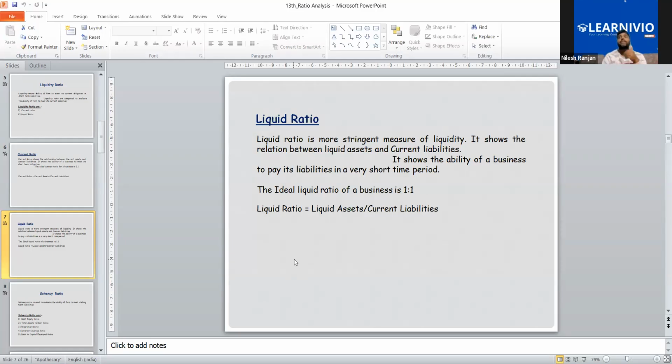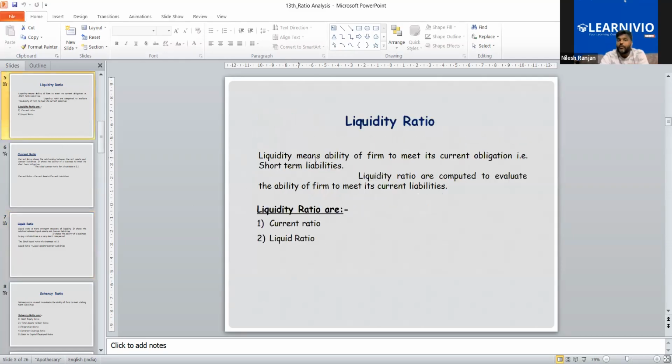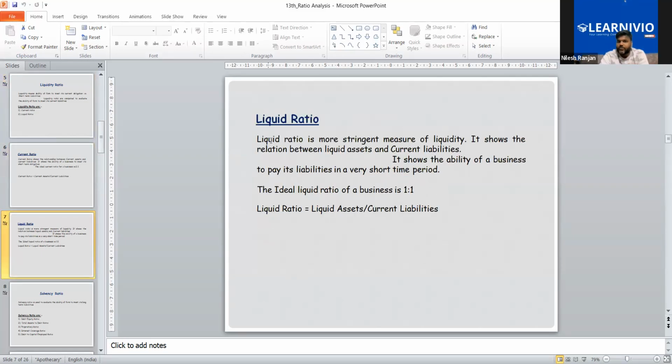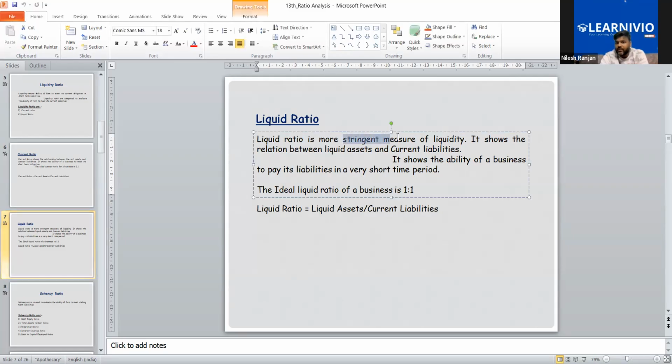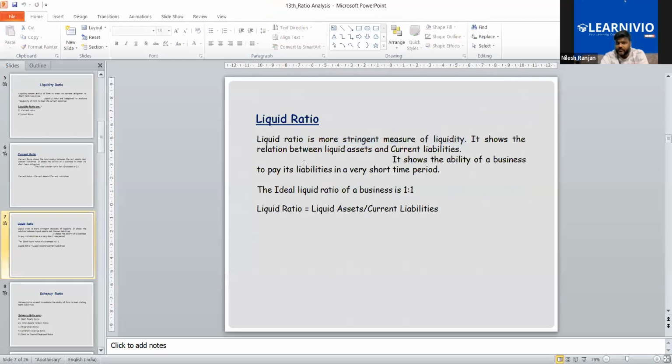Liquidity tells you about the company's position to pay its short-term liabilities. Liquidity is the ability of a firm to meet its current obligations, and current ratio and liquid ratio are methods to measure that. Ratio is a measure, a method, a technique. That is the difference.